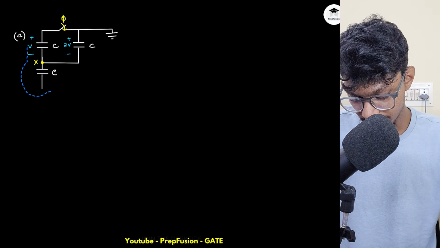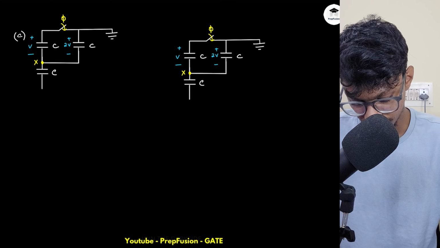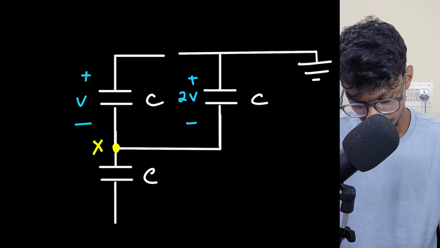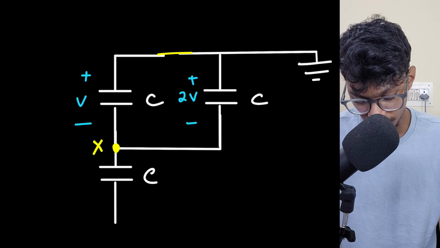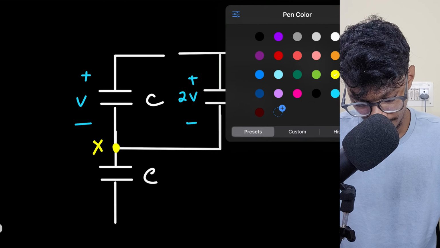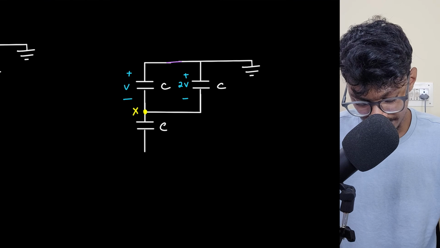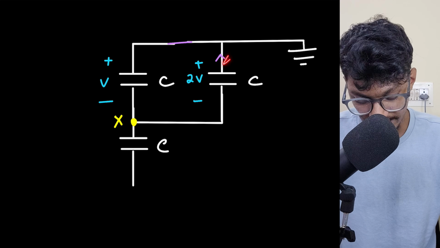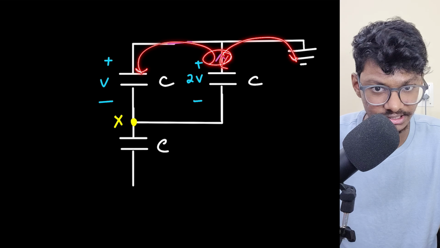Now at t equals 0, the switch has been closed. As the switch has been closed, again some X amount of charge will flow out of this 2V capacitor. Now it has two paths. Either it can go to ground or it can go to this left hand side capacitor.